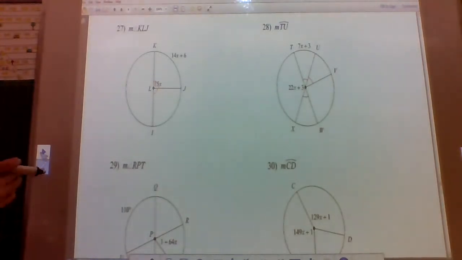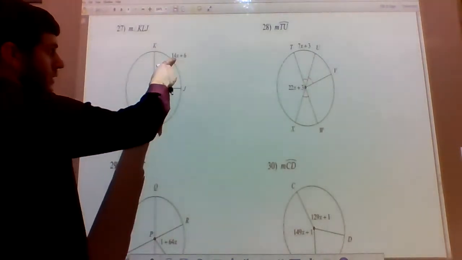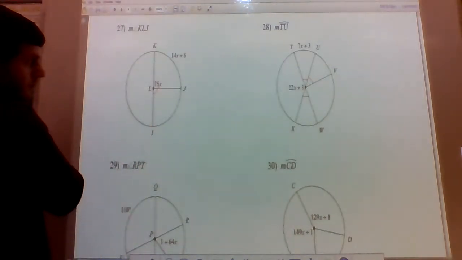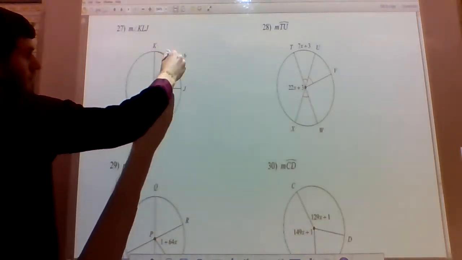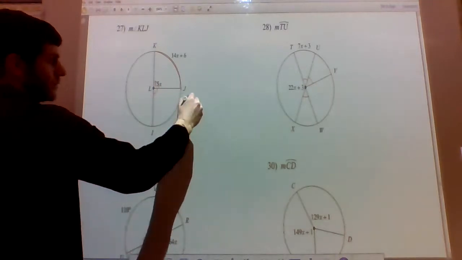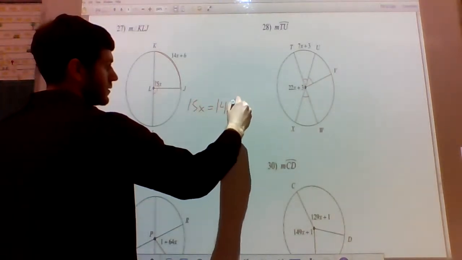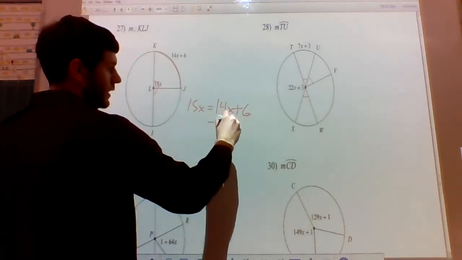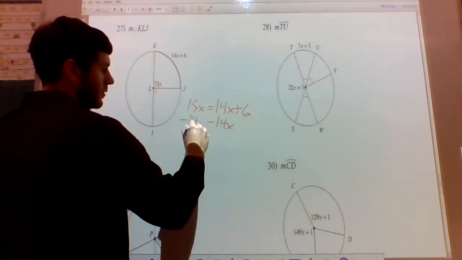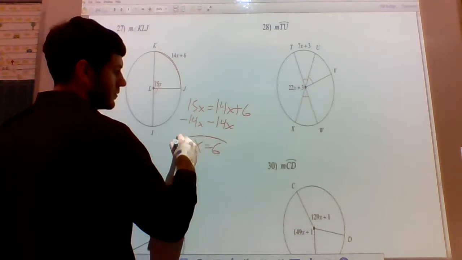Okay, so this is the central angle for this arc. So we know 15x is going to equal 14x plus 6. Subtract 14x from both sides. We get x equals 6.